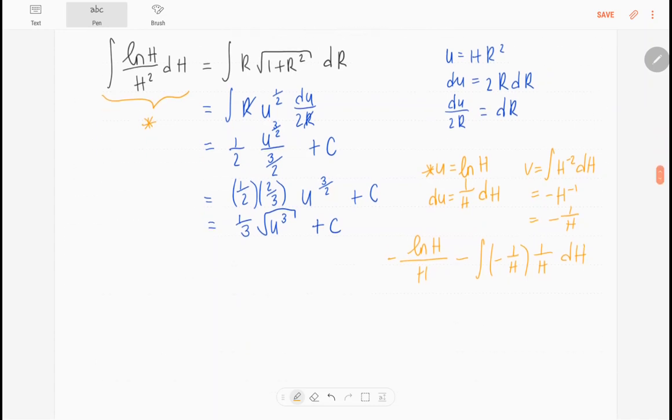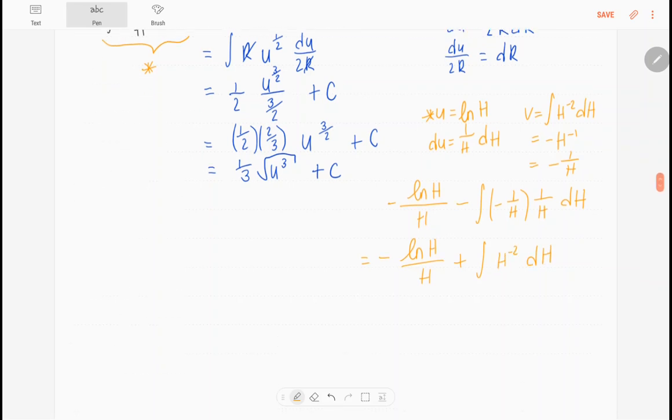So this just becomes minus ln h over h. Then I have plus the integral of 1 over h squared dh, and 1 over h squared is just h to the minus 2. So I have minus ln of h over h minus 1 over h plus c.